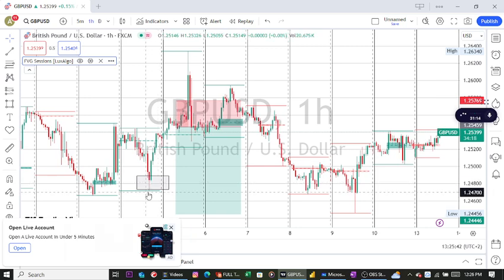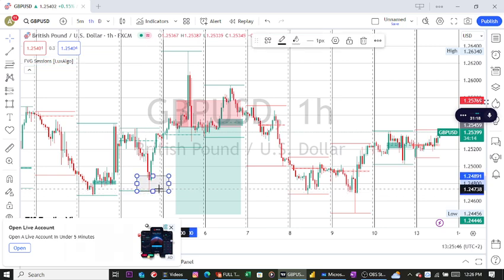Something like this is a support, this place is a support. I can't mark everything up here, but places like this are all support zones.